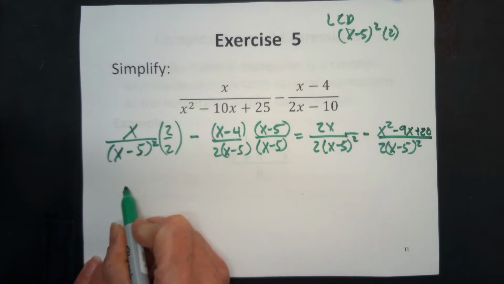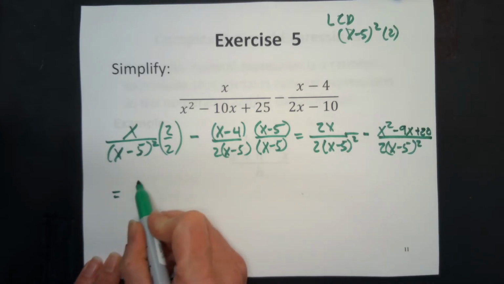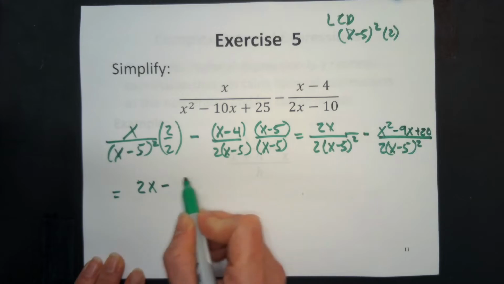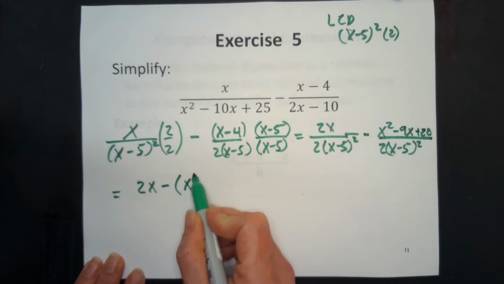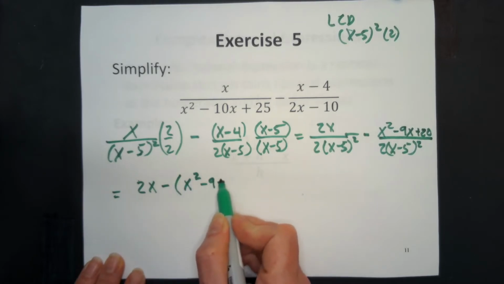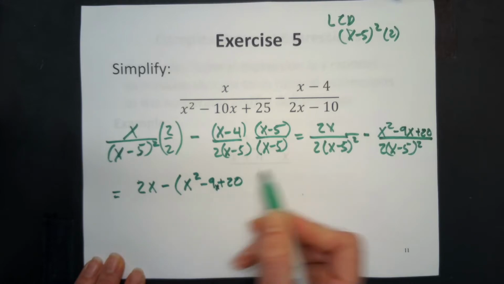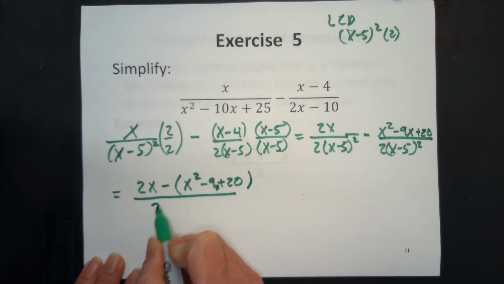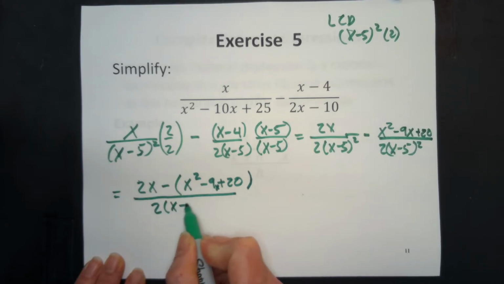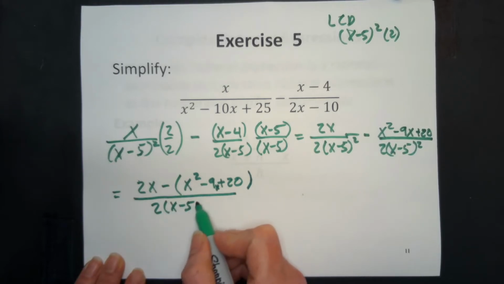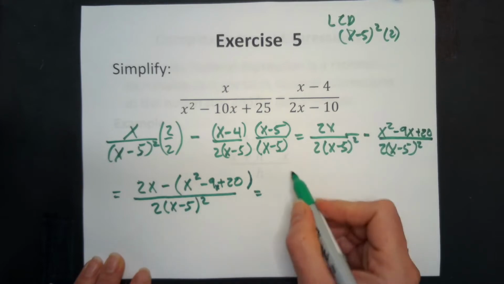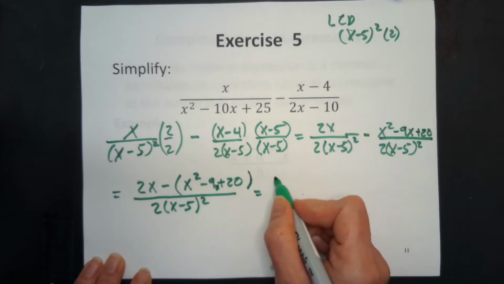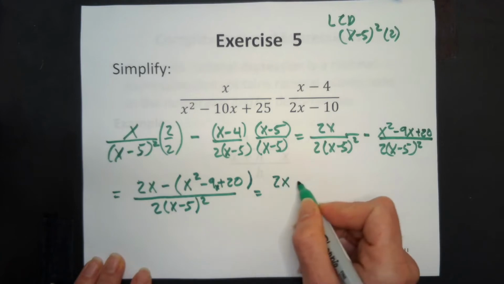So now that I've done that, we have 2x minus, and I'm putting it all over the same denominator now because they have the same denominator. That's the whole point. Don't want to forget my 9x there. That's going to be my least common denominator, 2 times x minus 5 quantity squared. And so I need to distribute this negative. I always take a separate step to do that.